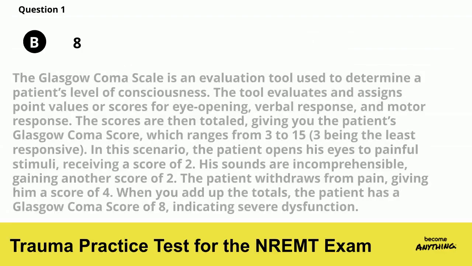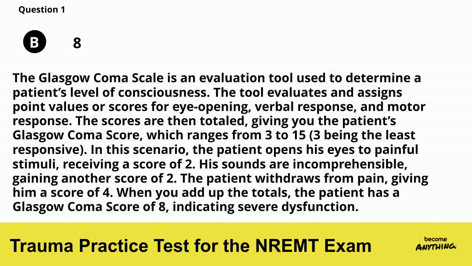8. The Glasgow Coma Scale is an evaluation tool used to determine a patient's level of consciousness. The tool evaluates and assigns point values or scores for eye-opening, verbal response, and motor response. The scores are then totaled, giving you the patient's Glasgow Coma score, which ranges from 3 to 15, 3 being the least responsive.